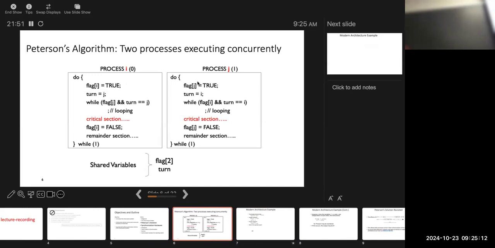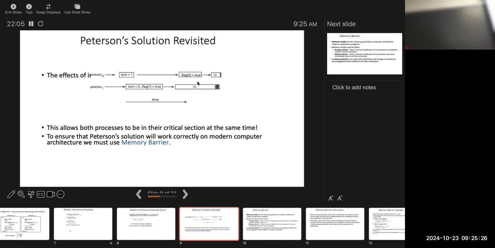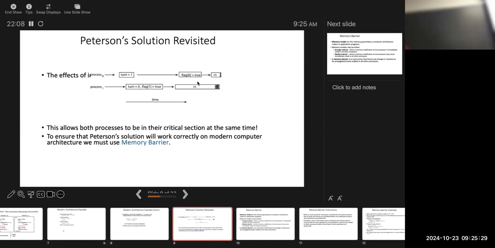and turn is equal to 0, right? So now this condition becomes true because turn is equal to 0, and flag 0 is, initially, all the flag values are set equal to 0. So this is false, since this is false, it means your loop ends and you enter the critical section.